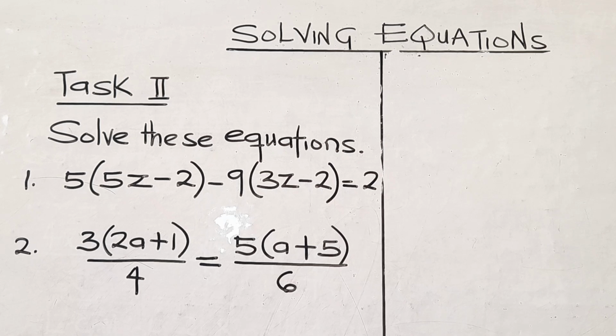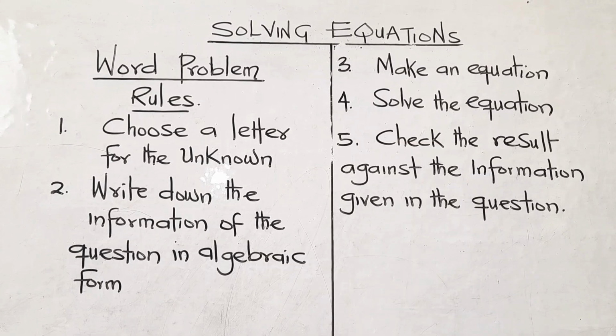We go to the last segment of solving equations: word problems. In solving word problems, these are the rules we are to use. The first rule is choose a letter for the unknown.